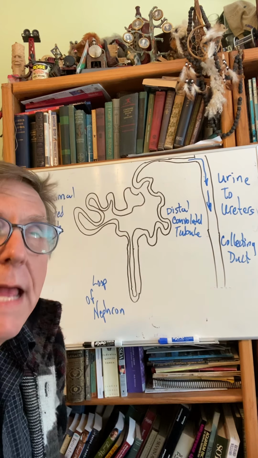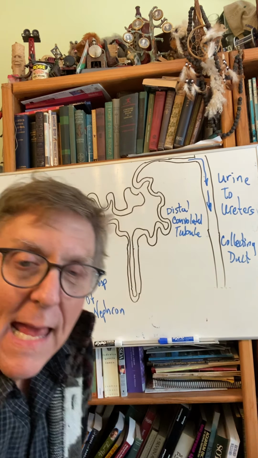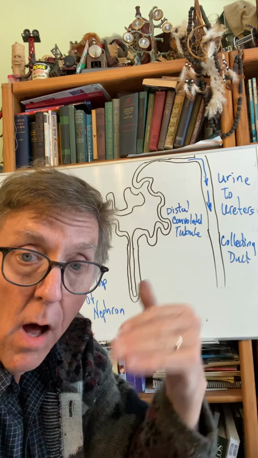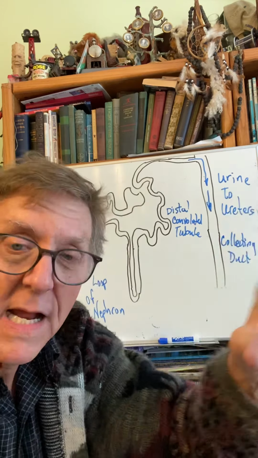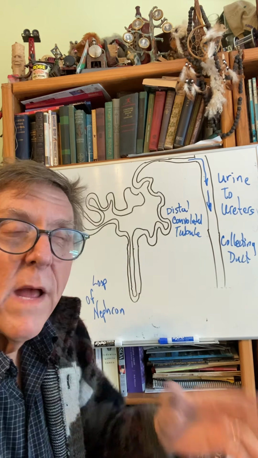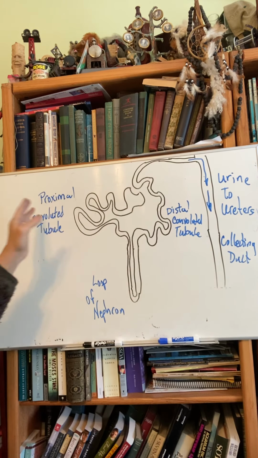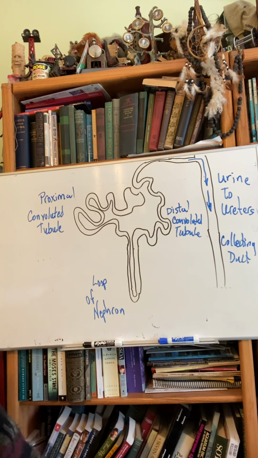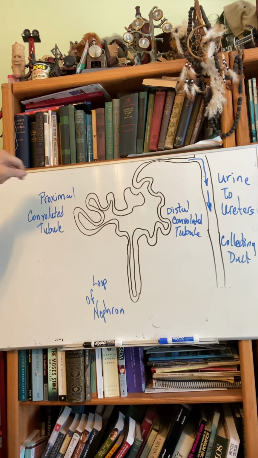So if you have a normal amount of glucose present in your blood, and the numbers are 25 or less to be non-diabetic, I'm not sure of the units, but anyway, if you have a proper amount of glucose in your blood, the glucose gets filtered, all gets recovered back into the peritubular capillaries, and this recovery is happening here in the proximal convoluted tubules.